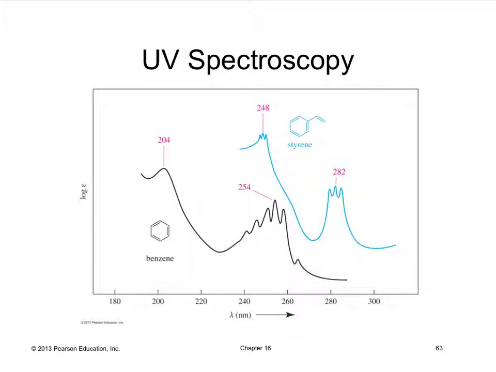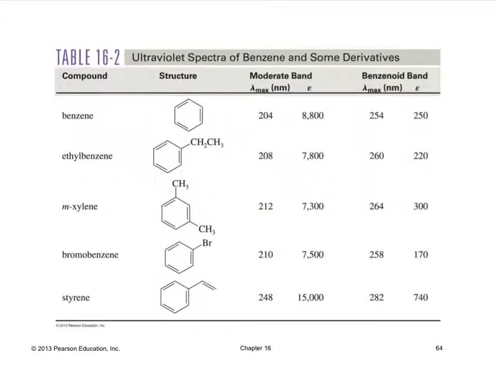In terms of the UV spectrum of benzene, there are 2 general peaks, one at 204 and one at 254. If you add another conjugation, that shifts to the right, going to 248 and 282. And here's a table, 16-2, showing the ultraviolet spectra of benzene and some of its derivatives, as I've shown you before in the picture.